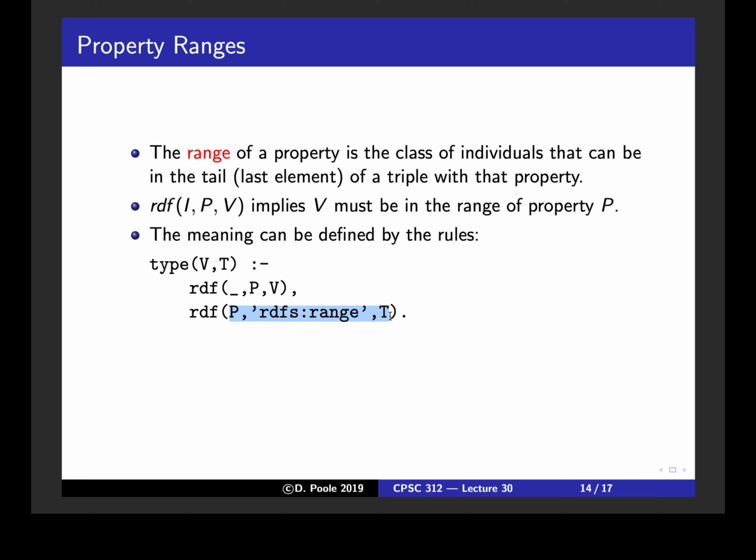RDFS range is the standard meaning for the range property that relates a property and a class. If P has range T, and V is the third argument of a triple using property P, then V must have type T.